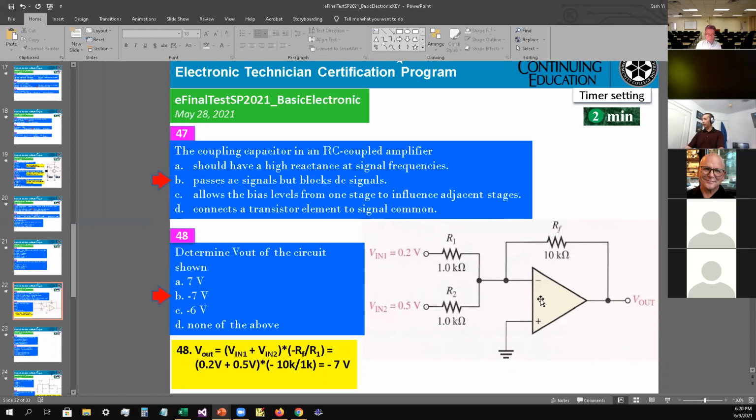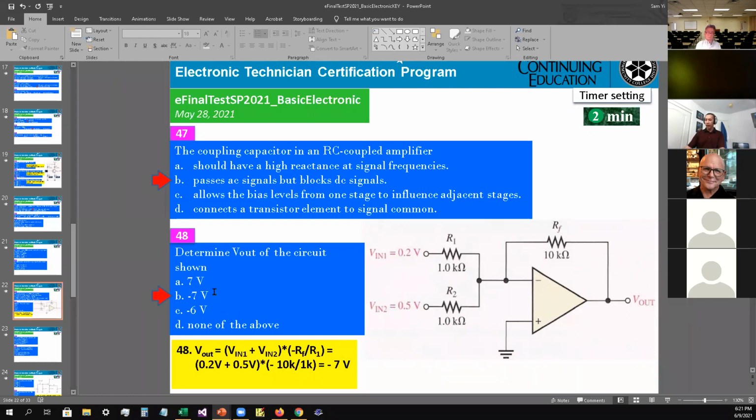So the gain is negative RF divided by Rin. Rin is 1K and RF is 10K, so your gain is negative 10. Negative 10 times the total of the inputs, 0.2 volt plus 0.5 volt, is 0.7 volt. So 0.7 volt times negative 10 gives negative 7 volt.